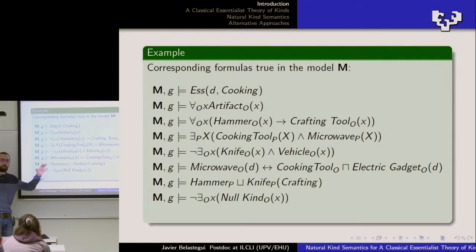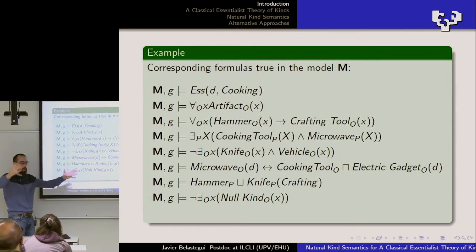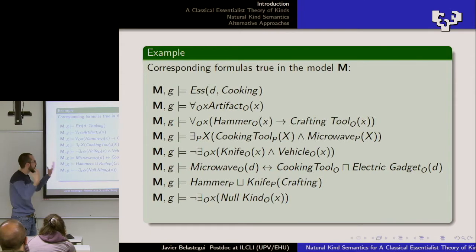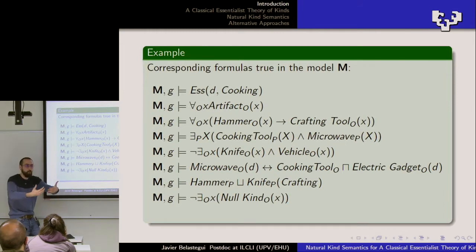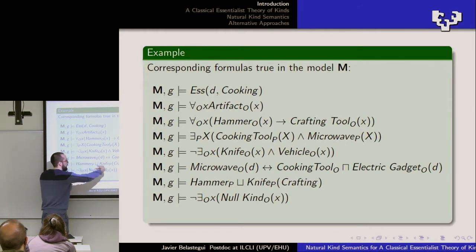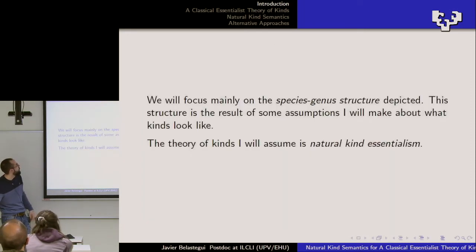If you take hammers and knives together in some specific way, you get a more general kind, and in the essence of this kind is the property of being designed for crafting. That's why hammers and knives have the property of being designed for crafting. Okay, we can go back to the example later on if you want.